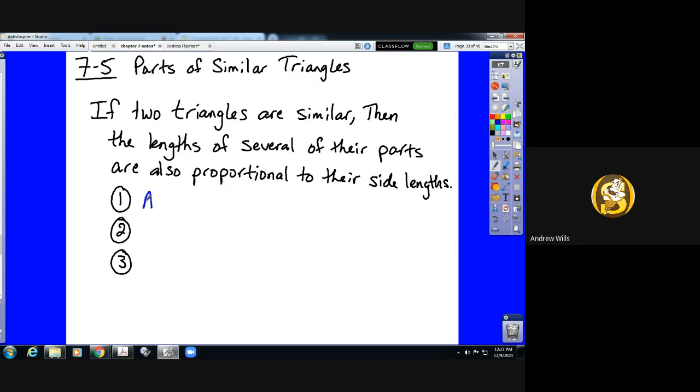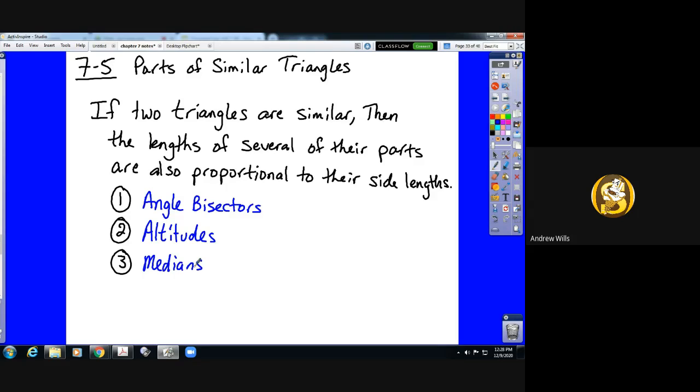The angle bisectors are proportional to the side lengths. The altitudes, their lengths, are proportional to the side lengths, and the medians, their lengths are proportional to the side lengths.